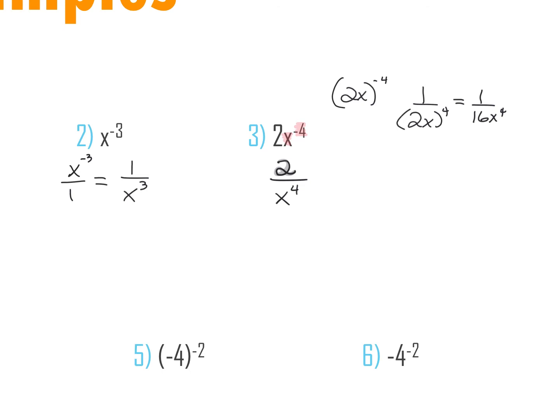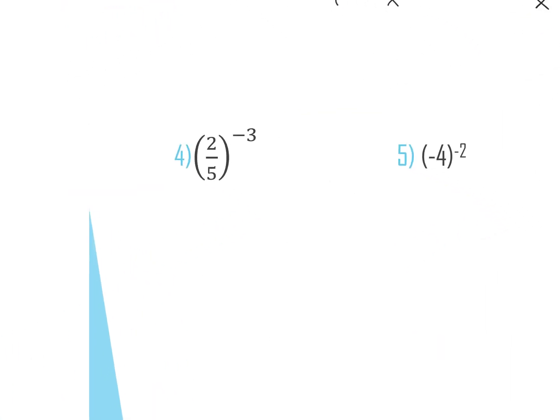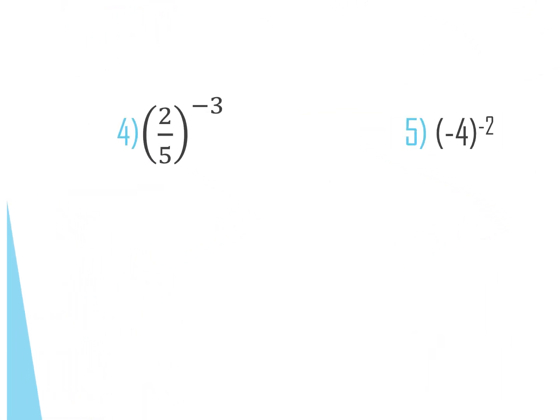Now, here's where that reciprocal thinking is going to really help out. Whenever I see a fraction that is raised to a negative exponent, again, I'm thinking reciprocal, so I'm just going to flip it, make the exponent positive, and now I can evaluate that.